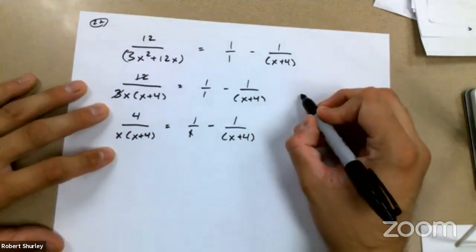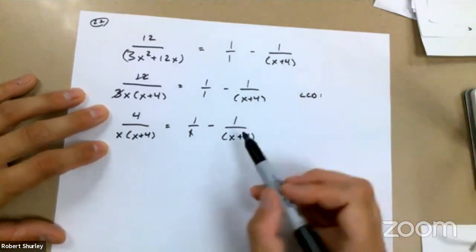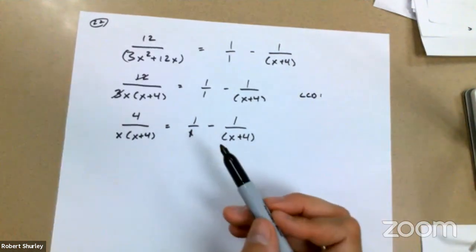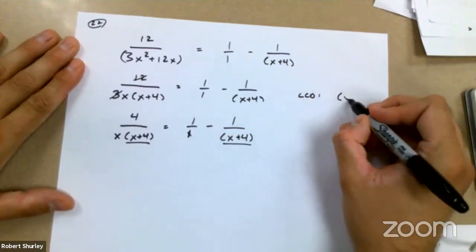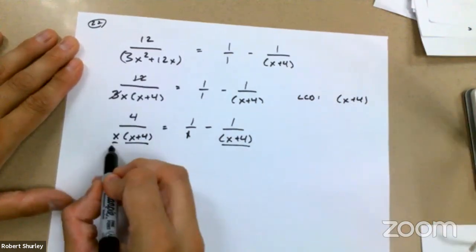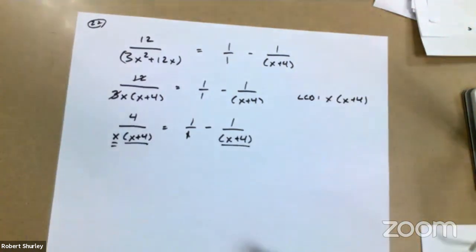So now my LCD, I'll write it over here. I've got a 1, which doesn't matter because we always have a factor of 1. But I've got an x plus 4 in both of those, so I know I need x plus 4. And I've got an x here, so I know I need an x. So I'm going to multiply that to everything.